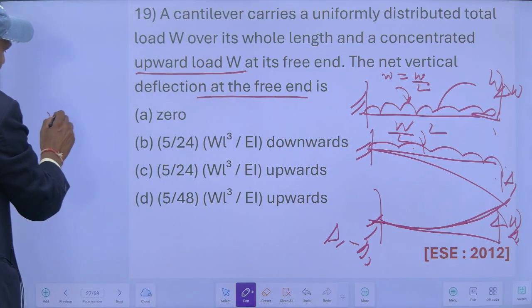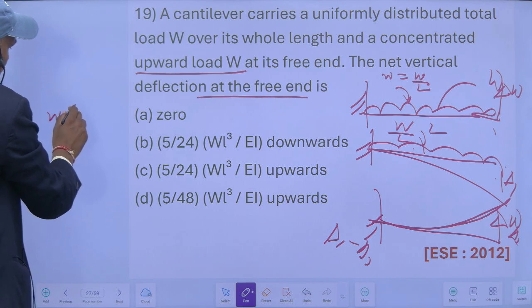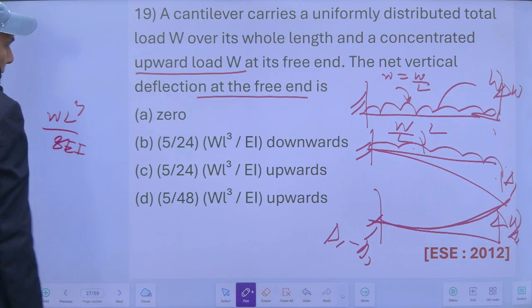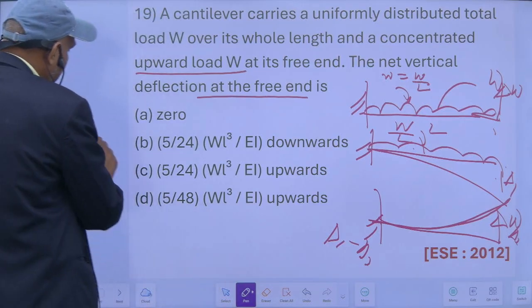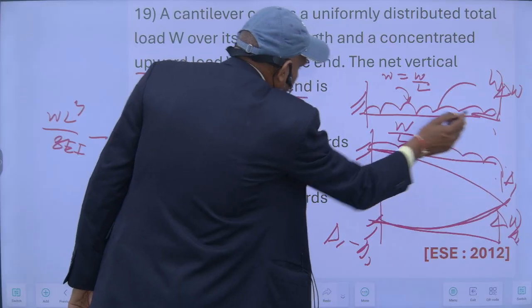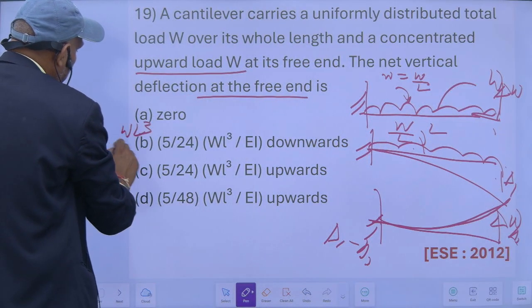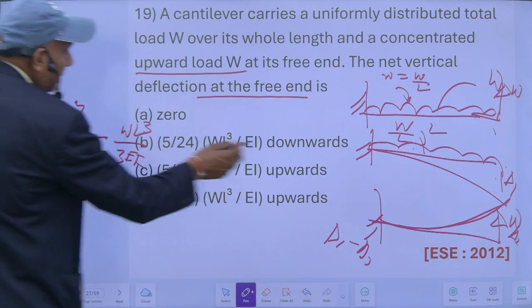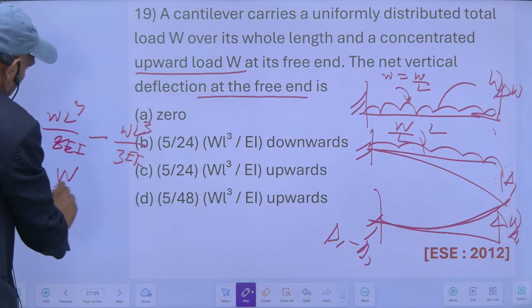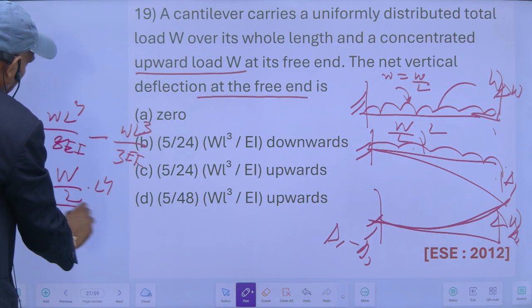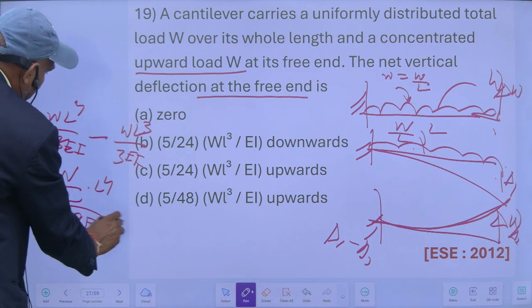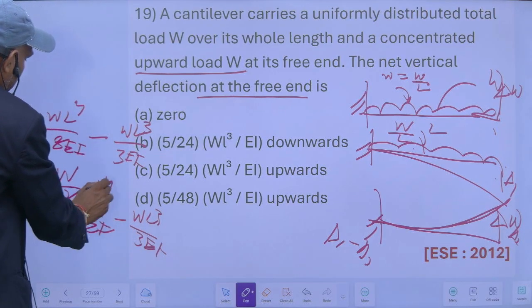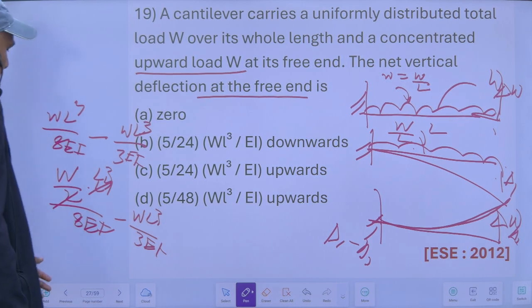The formula for deflection is wL to the 4 upon 8EI, minus WL cube upon 3EI, and this small w is W upon L, so it is W upon L into L to the 4 upon 8EI minus WL cube upon 3EI. So this will become WL cube upon 8EI.